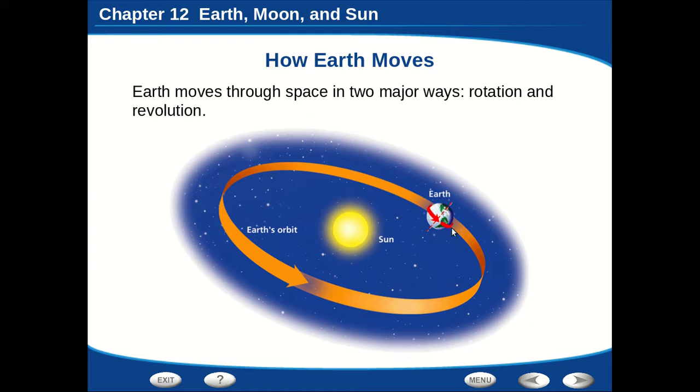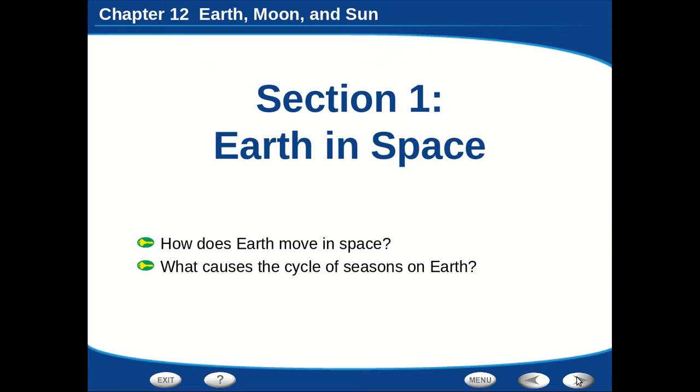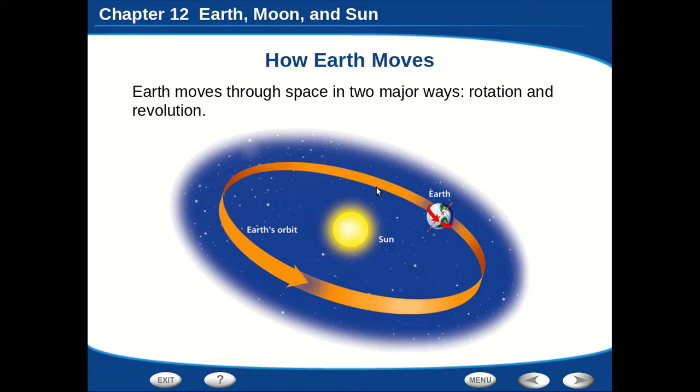So the rotation is this little spin. It's the one that causes days and nights, right? And revolution is every time the Earth goes all the way around the sun. That's a revolution. So a revolution takes a year, and that's that trip around the sun.